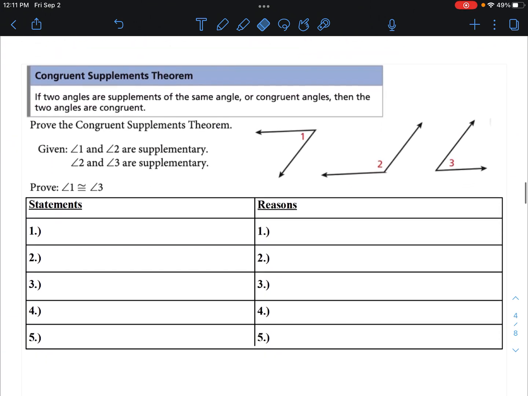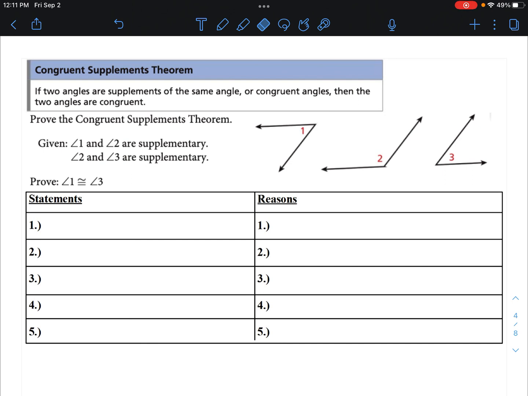Couple more theorems we're going to add. So we did the right angle congruence theorem. Now we're going to add in the congruent supplements theorem. And what this theorem says is that if two angles are supplements of the same angle, or congruent angles, then the two angles themselves are congruent. So like let's say 1 and 2, for this example, add up to 180 degrees. They're supplementary.